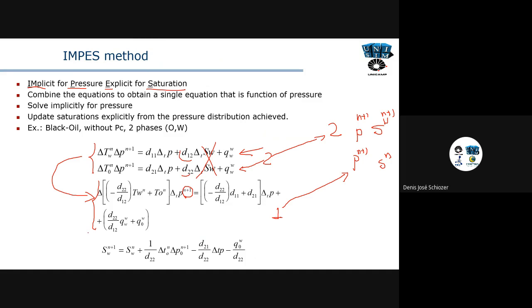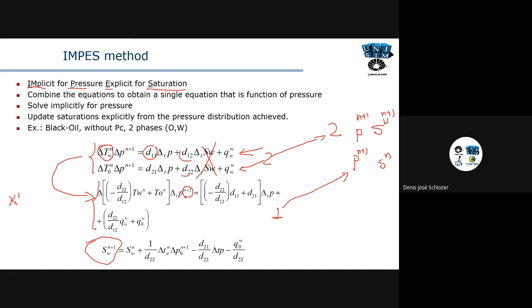And once I have pressure, I go back to the equation and solve for the water saturation. So I solve these equations in two steps. First, I solve for pressure, and then I calculate the saturations. Of course, this would be a good idea, except that some of these terms here, which I simplified to show the combinations, such as the transmissibility, are a function of relative permeability, for example.